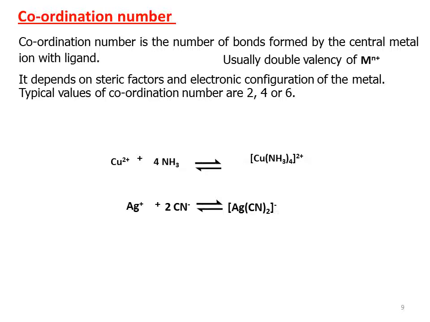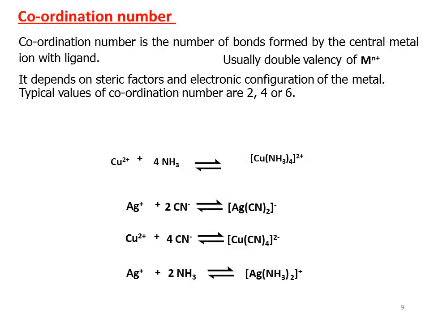We took 2 parts of cyanide multiplied by -1 and 1 part of silver, which is 1 positively charged, so the end result will be a complex of silver cyanide with 1 negative charge. Same goes here for copper and cyanide, and same here with silver and amine.